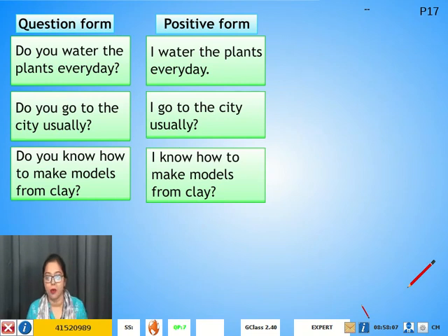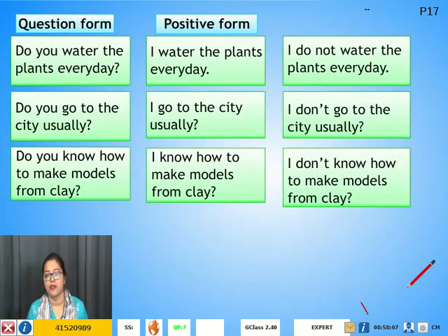When somebody asks you a question and you answer the question in a yes form, that is in a positive form, we call it a positive form. So have a look, I repeat, have a look at the sentences carefully. I water the plants every day. I go to the city usually. I know how to make models from clay.